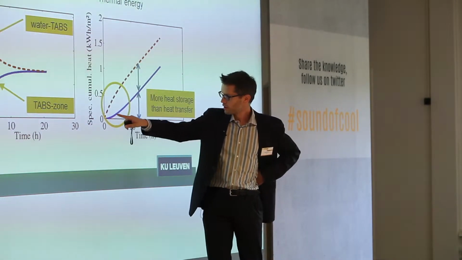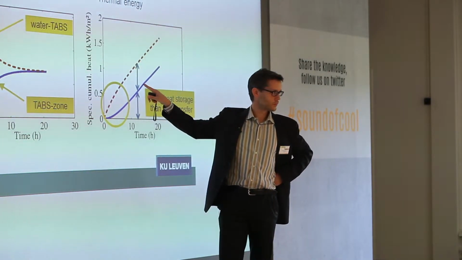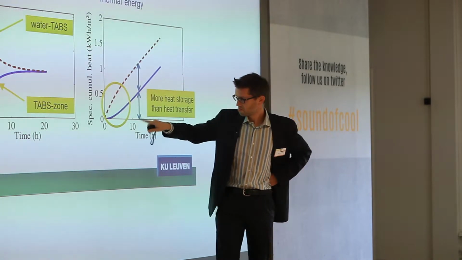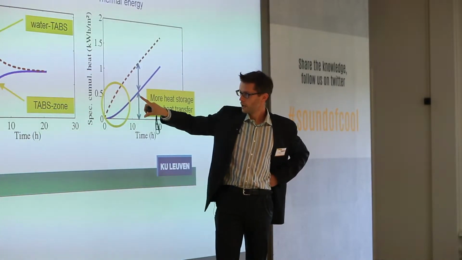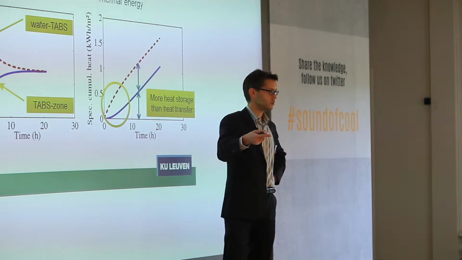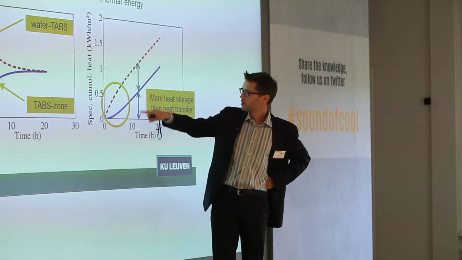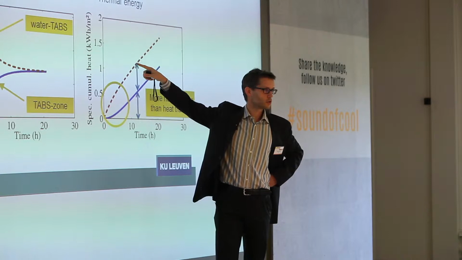And this is the amount of energy that's coming out into the zone. So you see here, after 12 hours, you have almost 0.5 kilowatt hours per square meter of heat injected into the zone. But to do that, you needed double the amount of energy to do this.